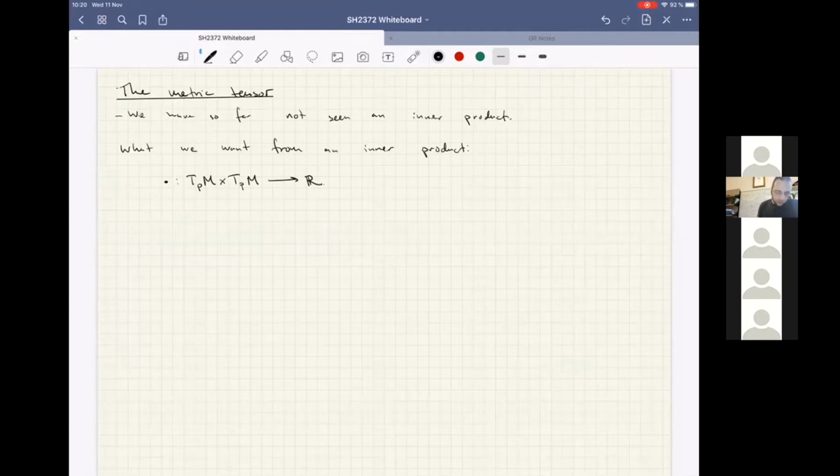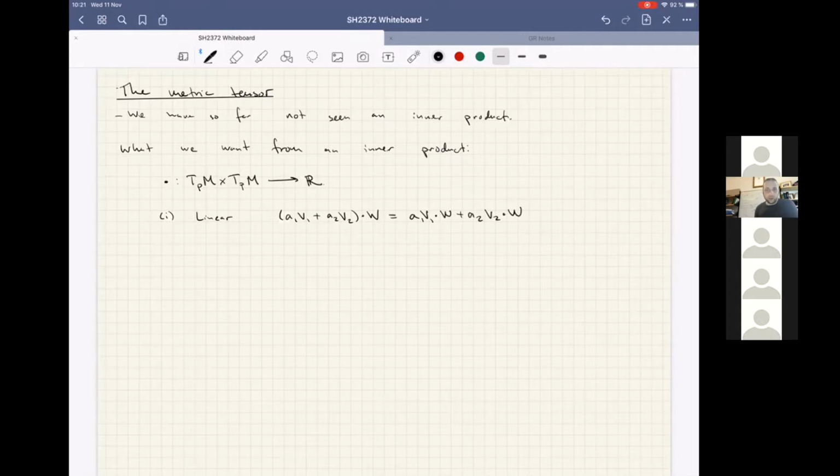Furthermore, first of all, it should be linear. So this means that if I take A1 V1 plus A2 V2, and I take the inner product with W, the linearity tells us that this should be A1 V1 inner product with W plus A2 V2 inner product with W. So this is the linearity in the first argument.